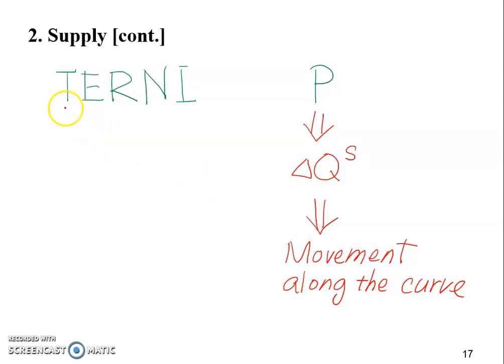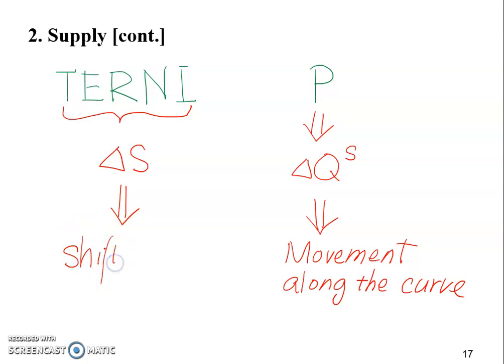If any of these 5 factors change, then we change supply, because we have the new relationship. So on the graph, we see a shift of the supply curve.